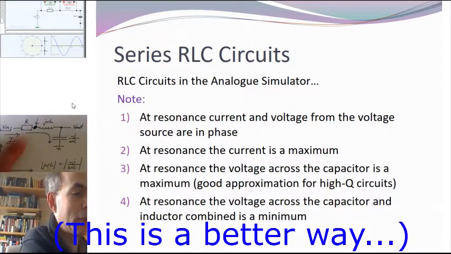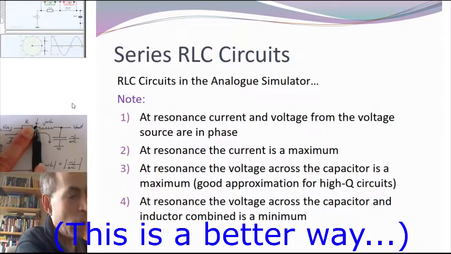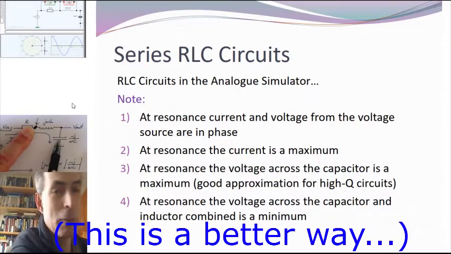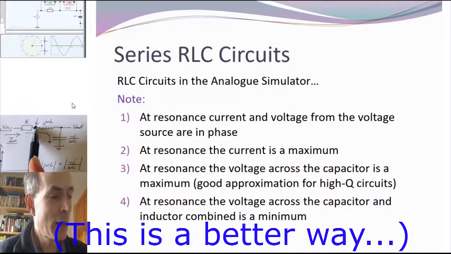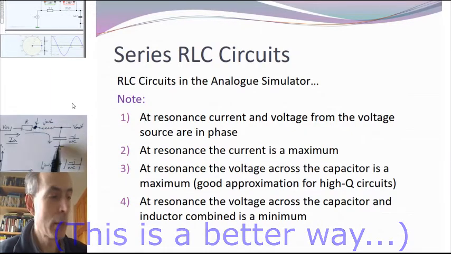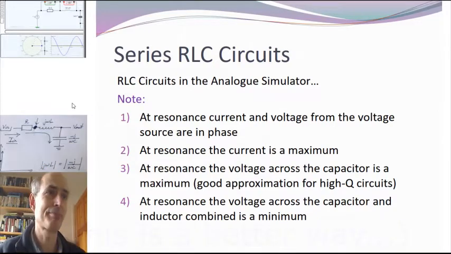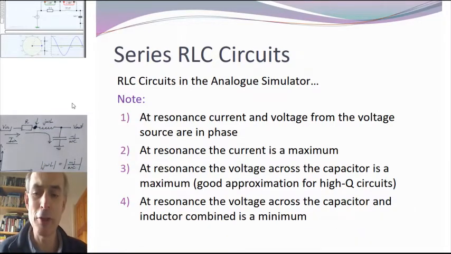Because effectively, that point there is almost connected directly to ground. Remember, the impedance of the inductor and the impedance of the capacitor are cancelling out, so the point there has a very low impedance between it and ground, which means that there will be a very low voltage there as well. And that only happens at the resonant frequency.